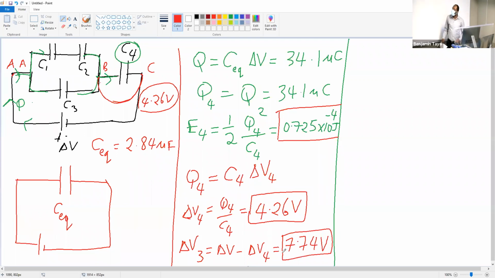So that's the total voltage across C3, which is also the voltage across C1 plus C2. So now, since I know delta V3, I can calculate E3. So E3 is equal to 1/2 C3 delta V3 squared. If I do this correctly, I should get 0.6 times 10 to the negative 4.